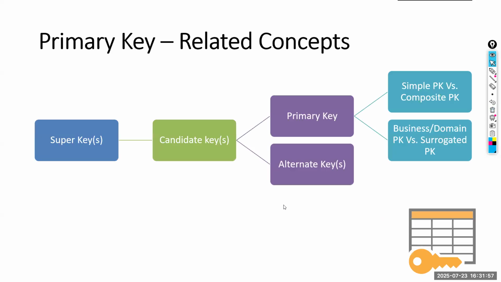Remember, entity can have attributes. And of course, entity must have an identifier so that we can uniquely identify a record.